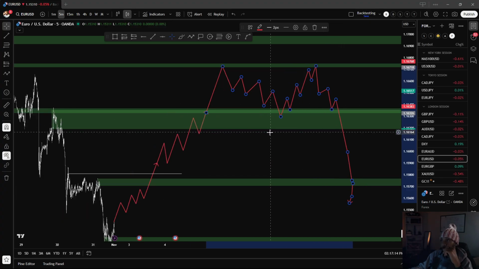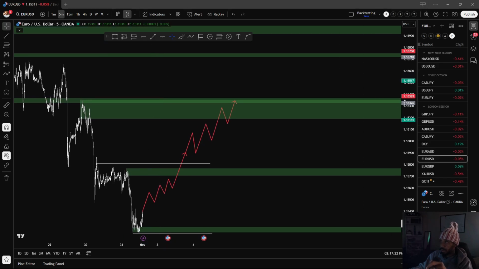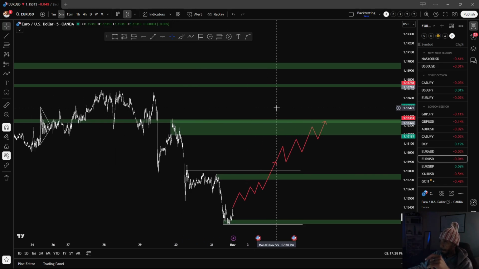So we don't know what price is going to do. Our job is to be patient and react. Wait for our zones to be tapped into and pay attention to how price behaves in those areas.